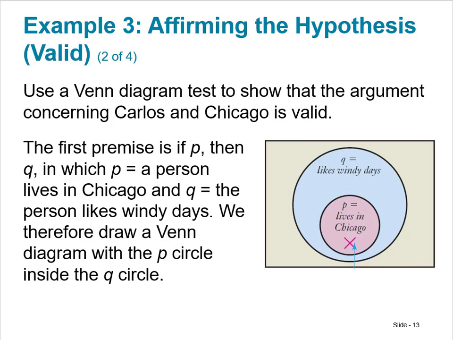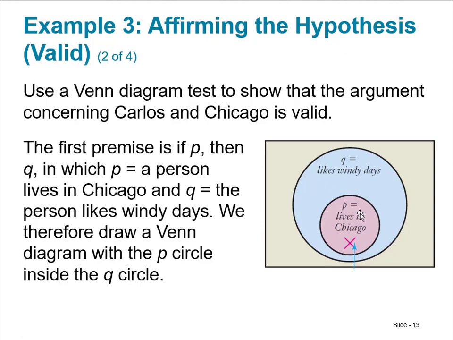How about affirming the hypothesis? Use a Venn diagram test to show that the argument concerning Carlos and Chicago is valid. So here's the first premise: if P then Q, in which P is the person lives in Chicago, Q is the person likes windy days. So that's what we said before.